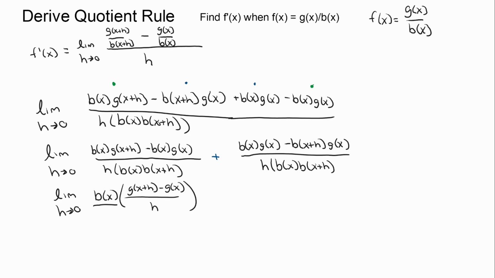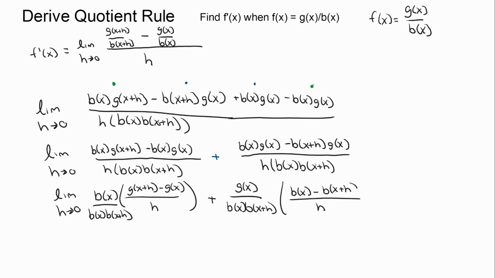And we'll also put the h functions on the outside here: h of x times h of x plus h. We're not going to cancel out our h of x in front because it will help combine the second fraction. So now we have our plus sign. We're going to factor out our g of x, so g of x divided by h of x times h of x plus h, multiplied by the fraction h of x minus h of x plus h, divided by h.